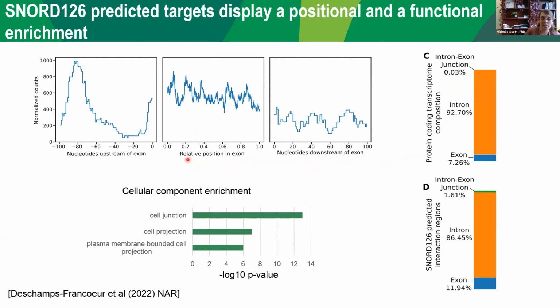If we look at its predicted targets transcriptome-wide, we see an enrichment for exonic sequences, but also for binding 80 nucleotides upstream of exons. Amongst the messenger RNAs predicted to be targeted by SNORD126, we see an enrichment for cell junction, cell projection, and plasma membrane-bounded cell projection messenger RNAs. So there's an enrichment for binding to exonic sequences, but also binding on splice junctions for that snoRNA.